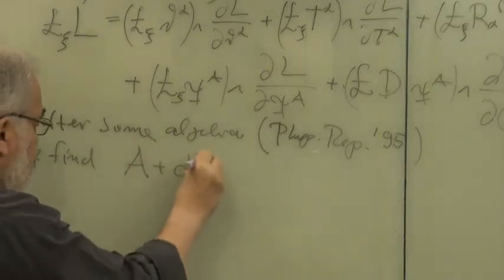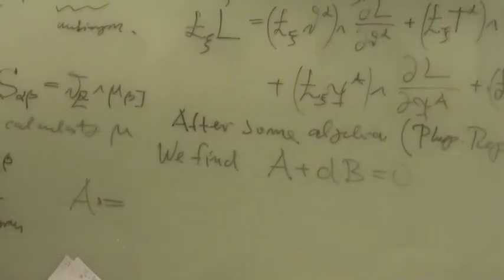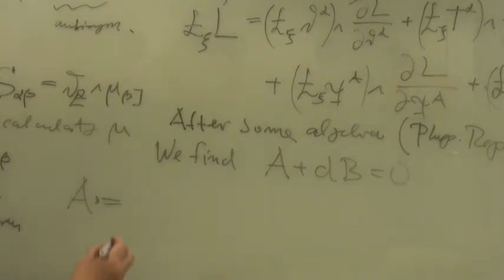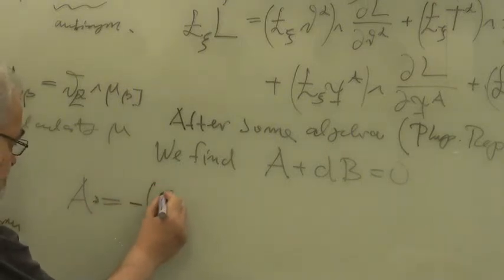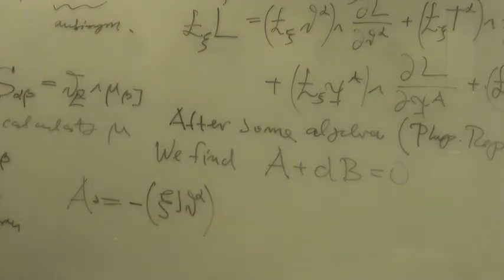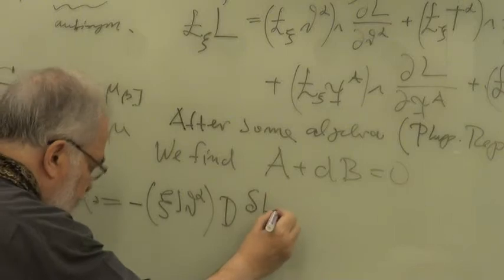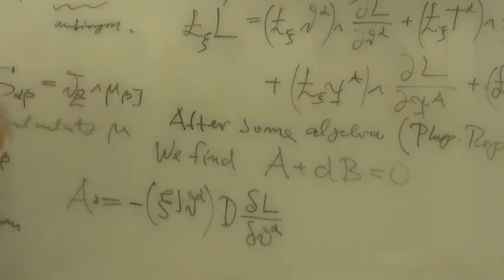A plus dB equals 0, where A is defined, and these are now the terms which you find. It's always the same. First with respect to theta: A is defined as minus psi in theta alpha, this is the theta alpha term, times the variational derivative of L with respect to theta alpha.